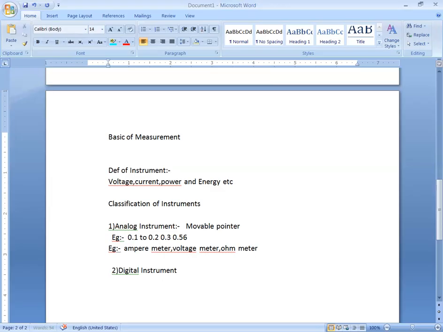The second one is the digital instrument. In a digital instrument, the measured parameter value is in decimal values.